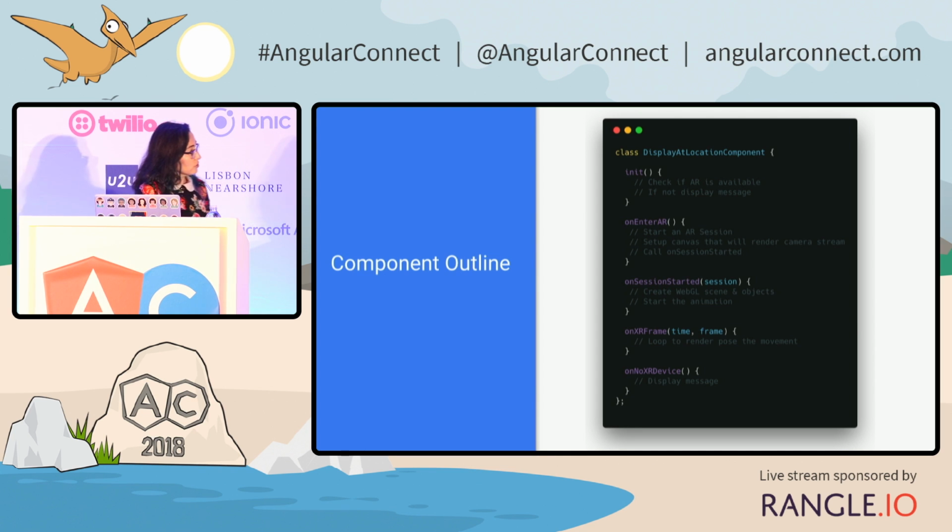So let's be good developers and write some pseudocode. What we need to do, when we have this Angular component that we want to create for an AR experience, is that first we check if AR is available on the device of the user. And once we know that it's available, entering AR is going to be an experience. You are going to either touch somewhere or click a button to start the experience.